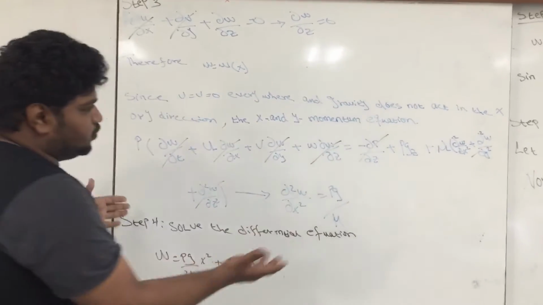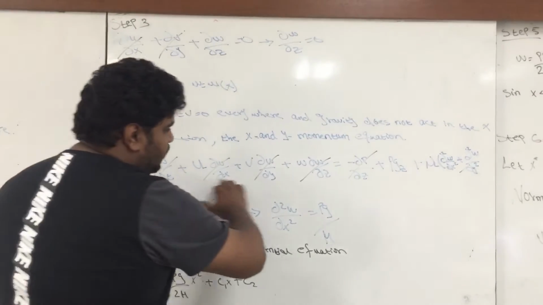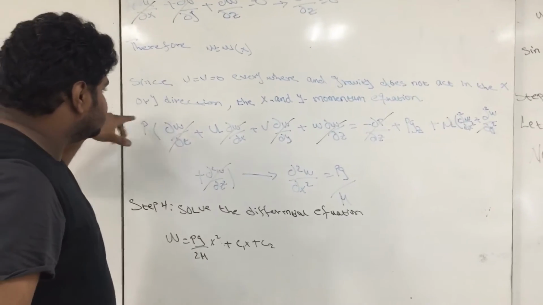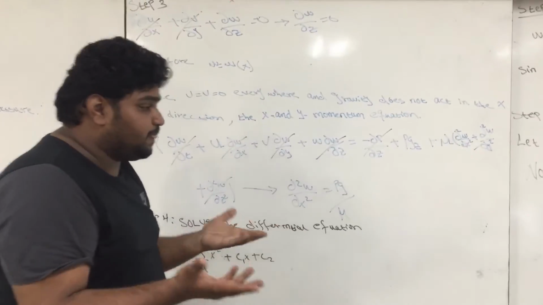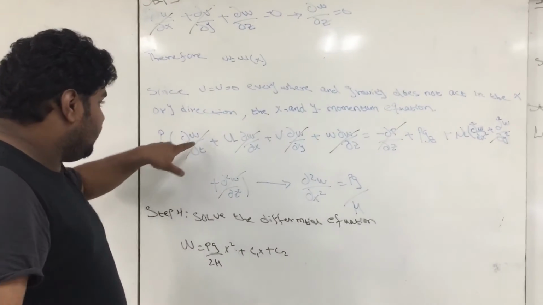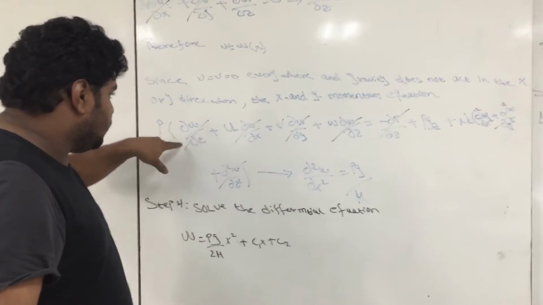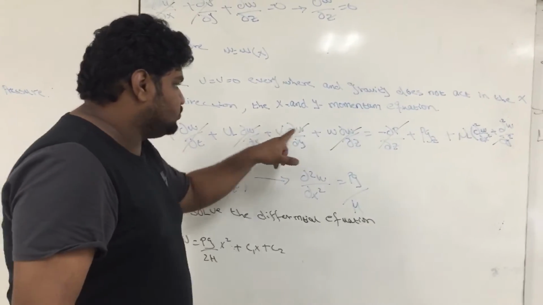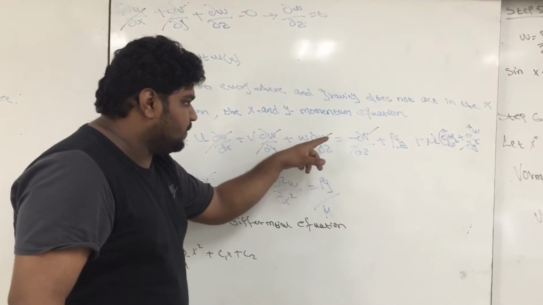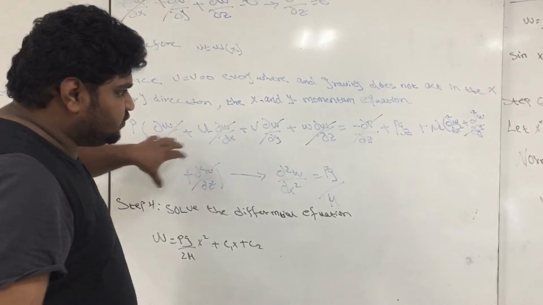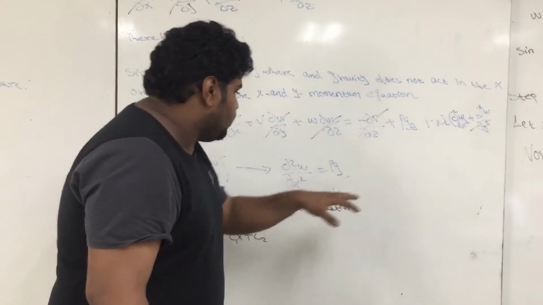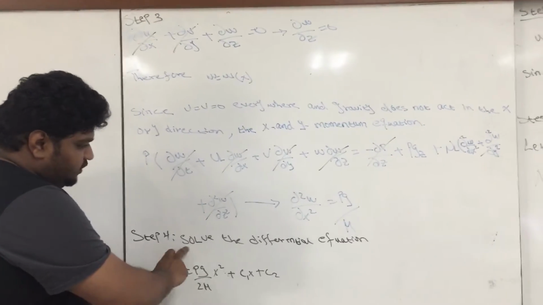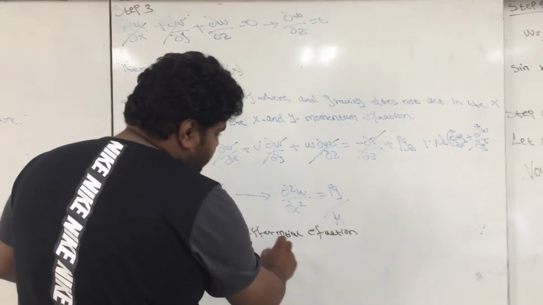After that we are going to drop some terms of the equation, because we have 0 velocity and 0 direction, because we don't have any force. That's why we are going to drop dw/dt, and also dw/dx, dw/dy, dw/dz, because in all these directions we don't have any force. After that we solve the differential equation.